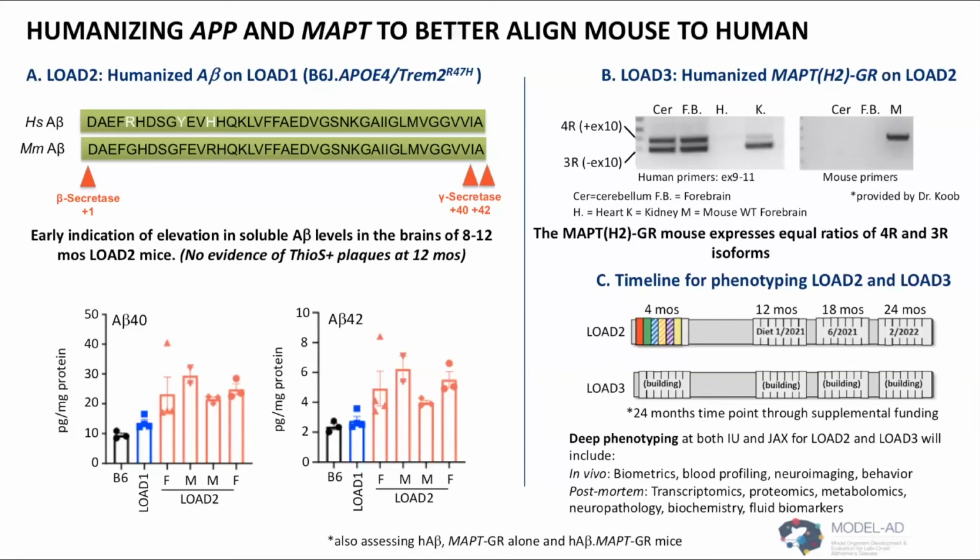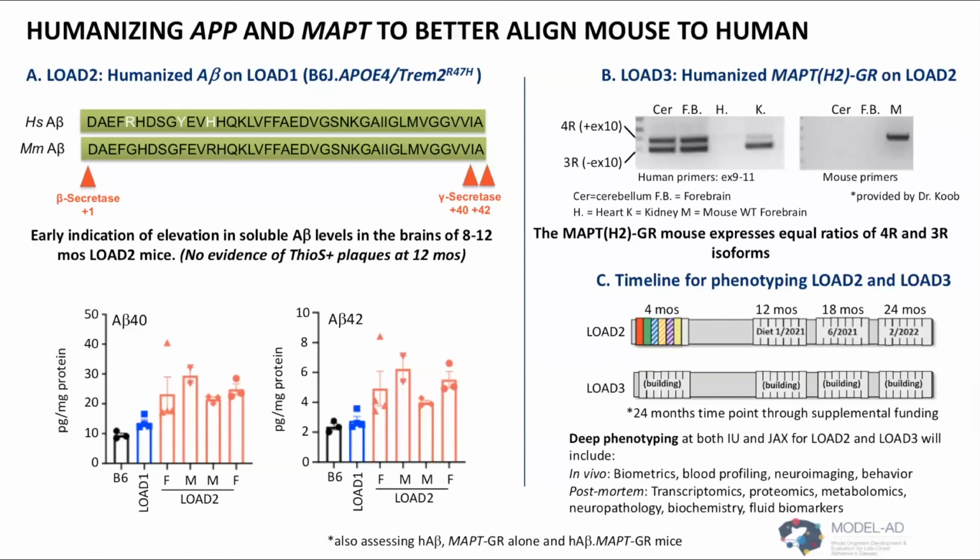The third model then would be LOAD3, which is now taking the humanized A-beta, APOE4, TREM2 and now adding in the human MAPT gene. And so again, for those of you that know about Alzheimer's disease, humans, post-development, show multiple isoforms of tau, what's known as the 4R and the 3R, and these are in equal ratios, either because of the inclusion or the exclusion of exon 10, and this is shown here in the cerebellum and the forebrain.